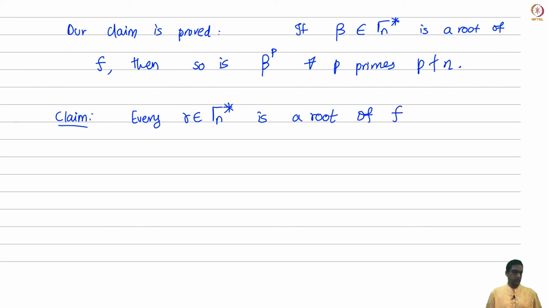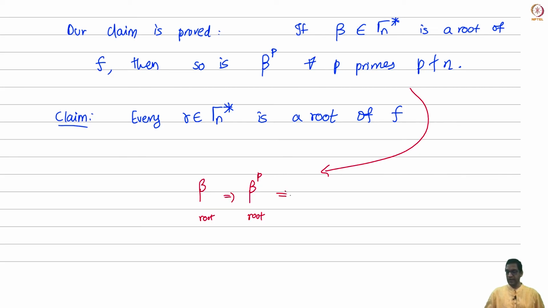That's rather straightforward, because all you have to do is observe that from the claim we have just shown, if beta is a root, then beta to the power p, for any prime p not dividing n, is a root. Then that power to another prime is a root, and so on.